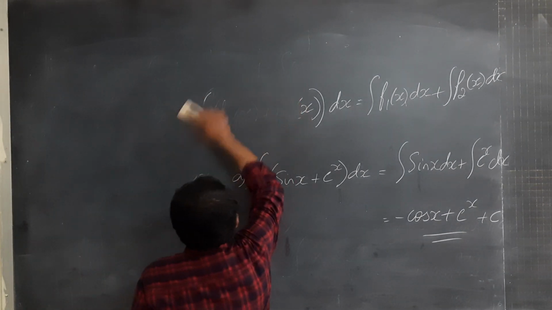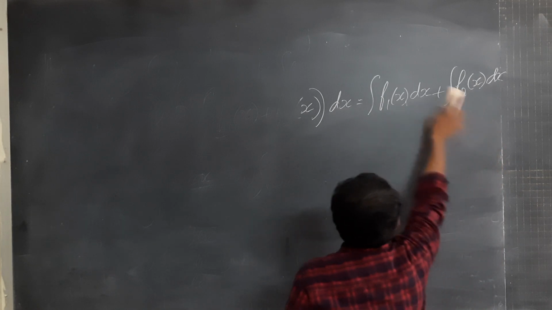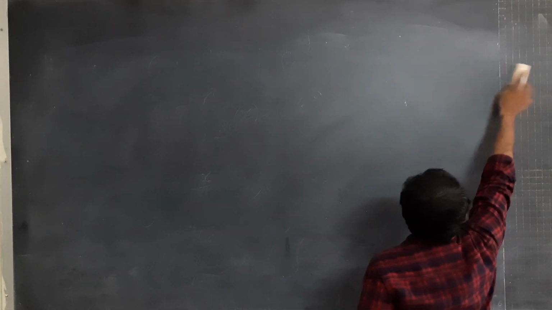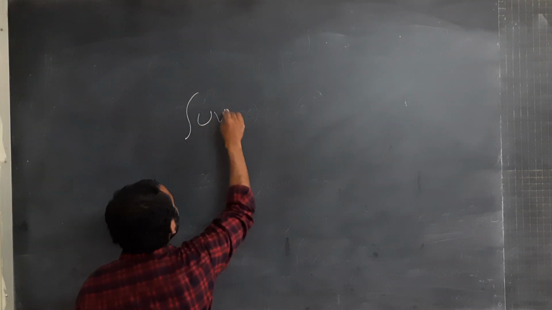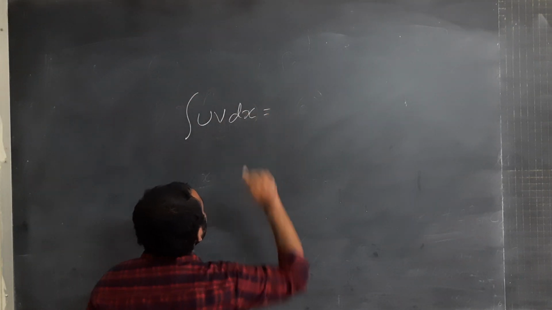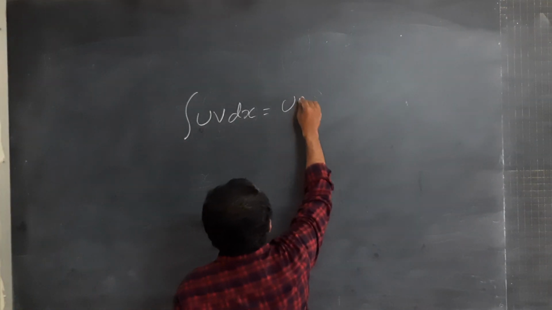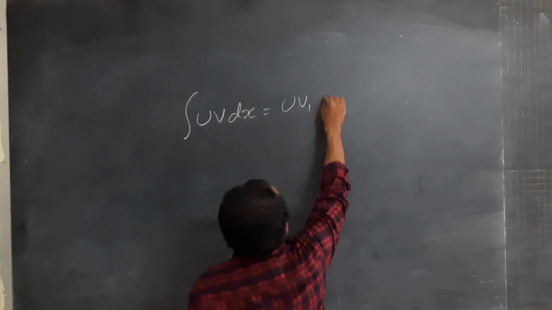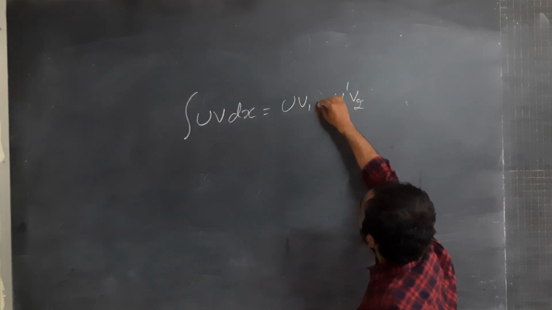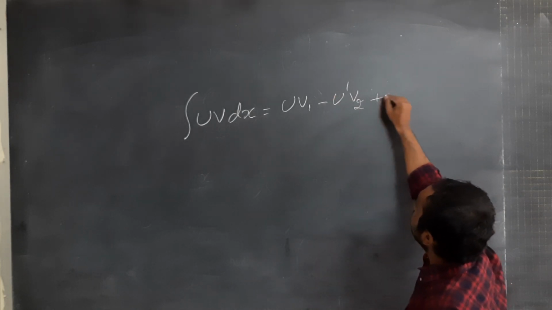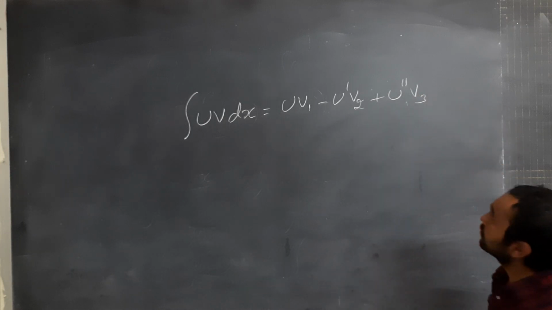Now we study the product formula. The product formula is also called Bernoulli's rule. What does it say? Integral u v into dx: if we have the product of two functions, then we write u v1 minus u dash v2 plus u double dash v3.